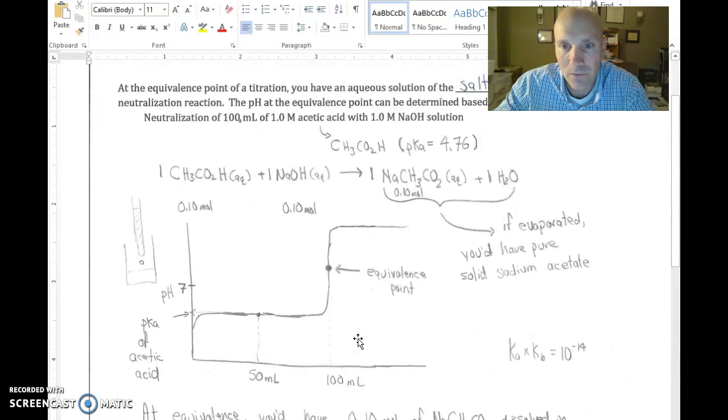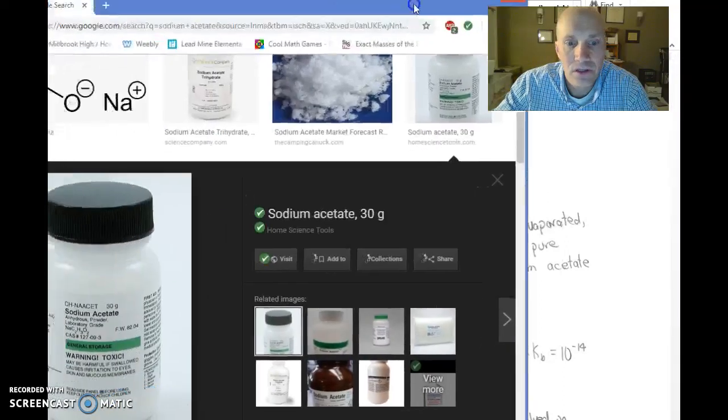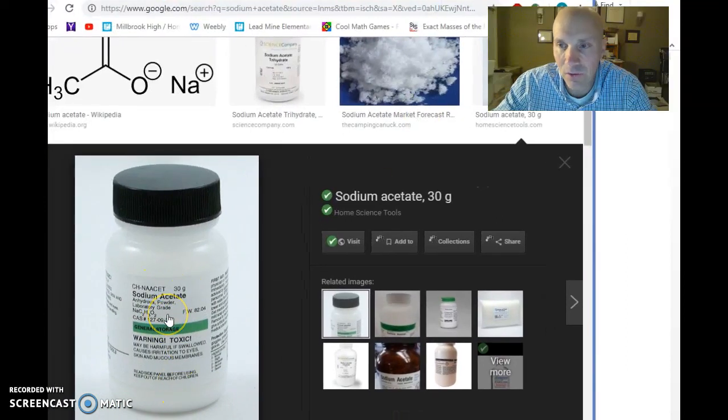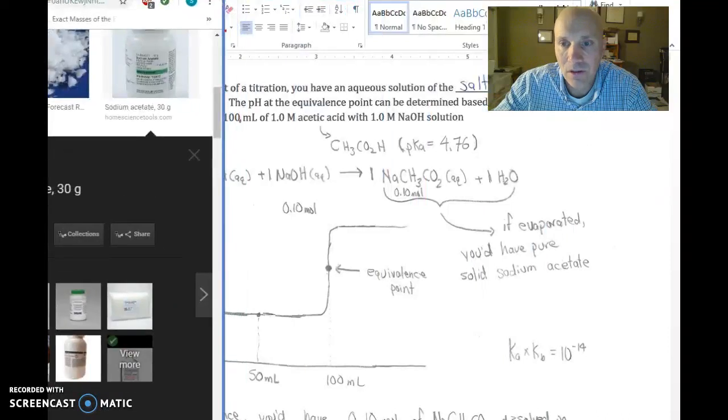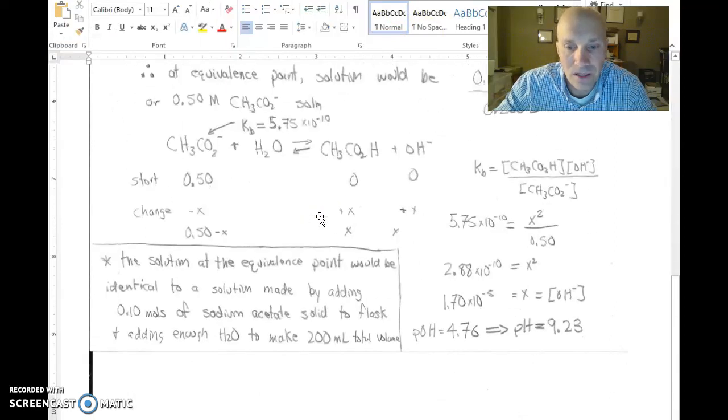So what that means is if I take 100 milliliters of this solution and I mix it with 100 milliliters of this, remember this is essentially like vinegar and this is essentially a strong base, what we would have is essentially the exact same thing as if we took this solid salt right here and took 0.1 moles of that and dissolved it in 200 milliliters of water. If you think about it, that's exactly the same thing that you would have here. So hopefully that makes sense.